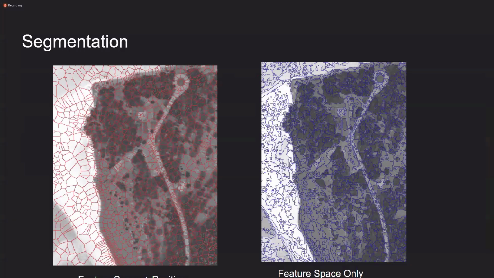You can see they vary quite a bit. Interestingly though, the reason we picked only feature space is because if you look at feature space plus position, there's some confusion along the edge, like what I was just talking about, due to the very sandy nature of the bottom of the lake.